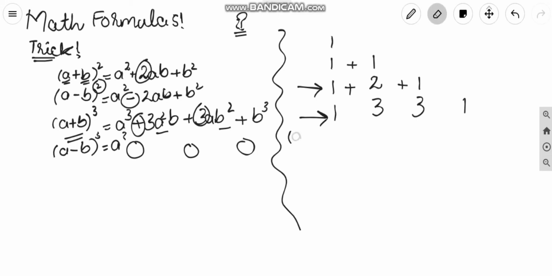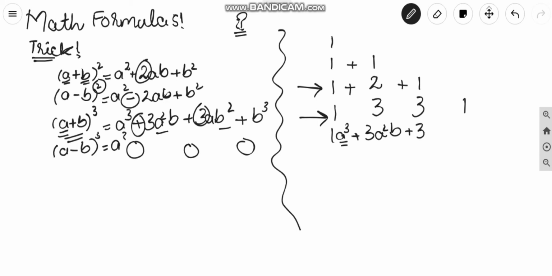In order to expand (a + b) whole cube, first you have to write the coefficient 1 and the full power of the first variable and the 0 power of the second variable. Now if you want to expand it for plus, just write all the signs of plus. Now write 3, reduce the power of the first variable and increase the power of the second variable.